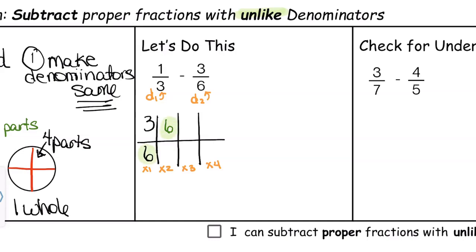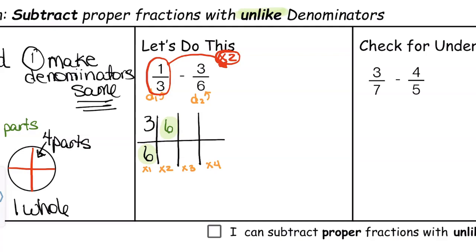So what did we do in order to get 3 to look the same as 6, the second denominator? All we needed to do was multiply it by 2. So we take this entire fraction and multiply it by 2. That means we multiply everything by 2, the top and the bottom.